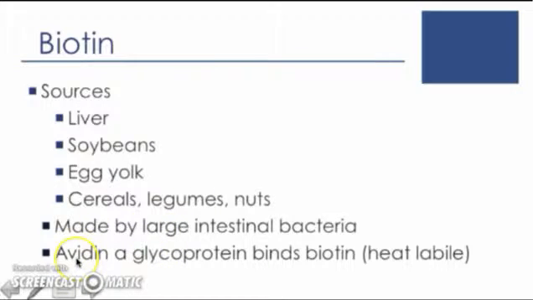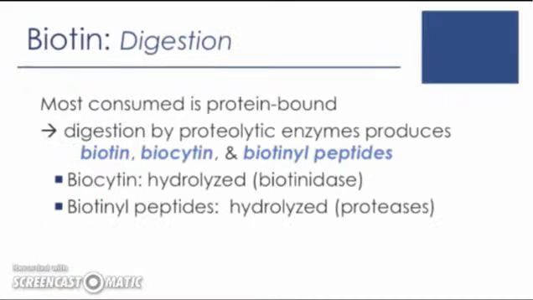Therefore, it's important to cook eggs, especially the egg white, to limit the activity of the avidin and decrease its binding to biotin. So just to keep in mind in terms of the bioavailability of biotin in egg yolks, if consuming eggs raw, then it may not be bioavailable due to avidin.